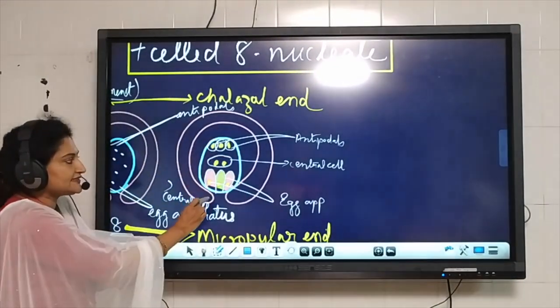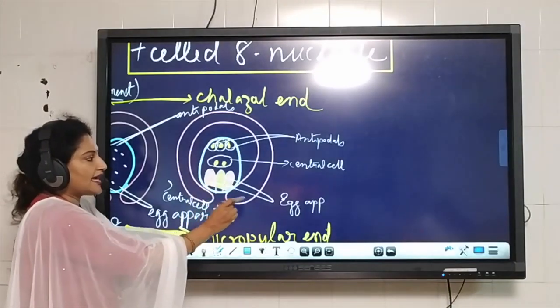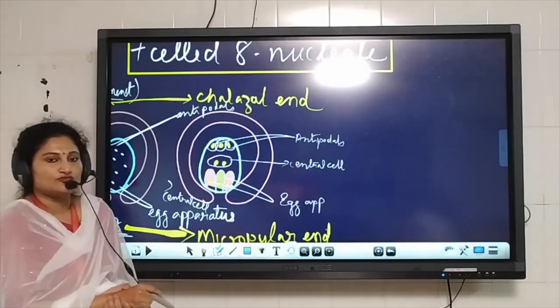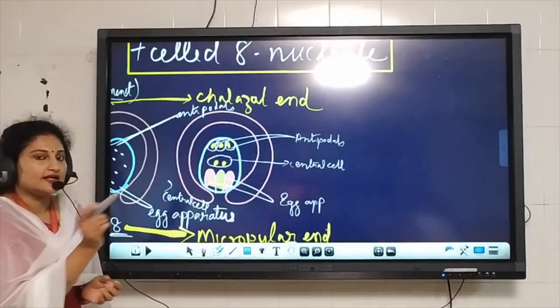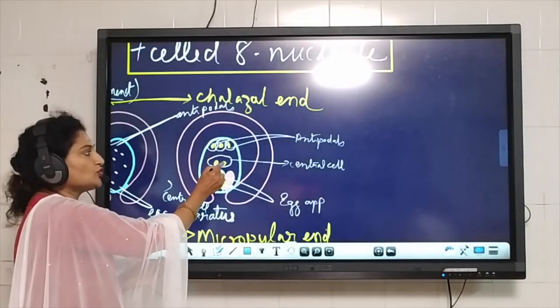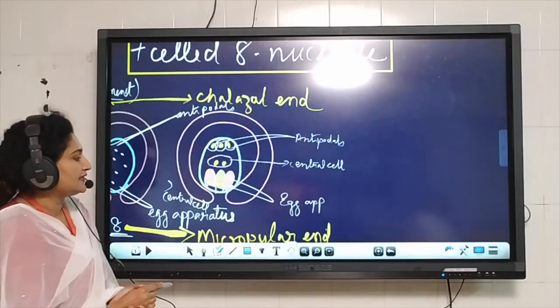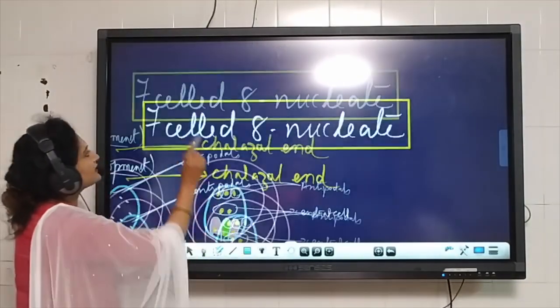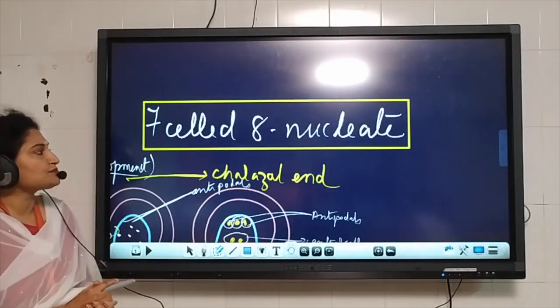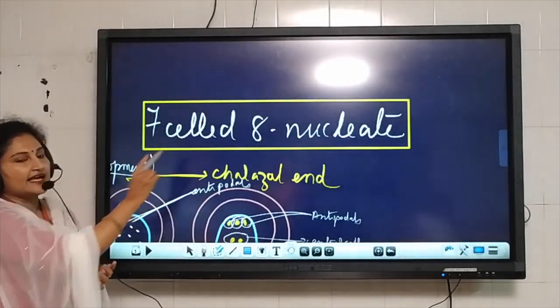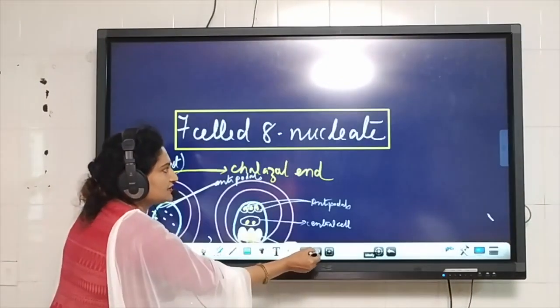Again, cell walls are laid separately around the nuclei at the micropylar end to form the egg apparatus, but a common cell wall is laid around the two polar nuclei at the center to form the central cell. Thus, I conclude that the typical angiosperm ovule is a 7-celled, 8-nucleate stage.